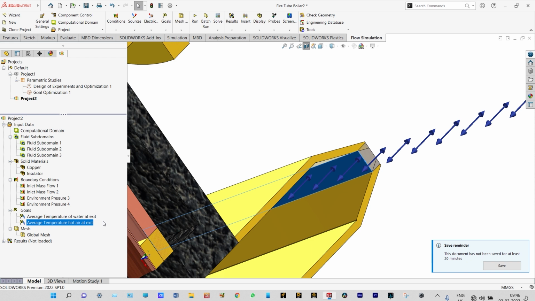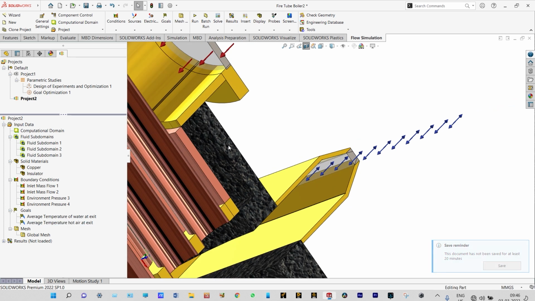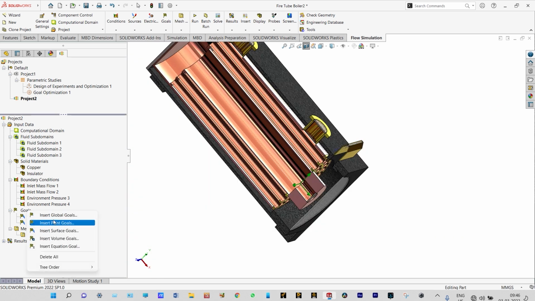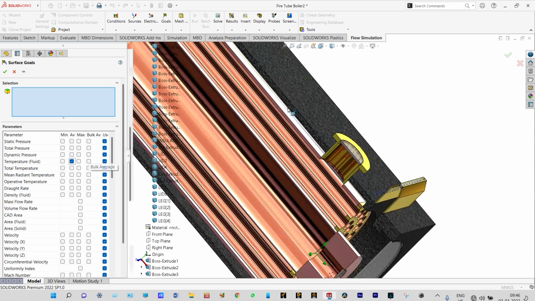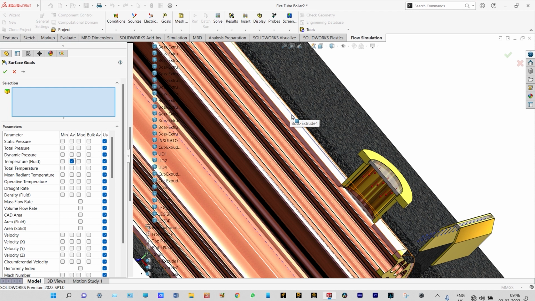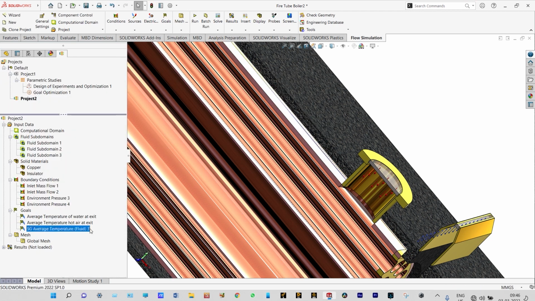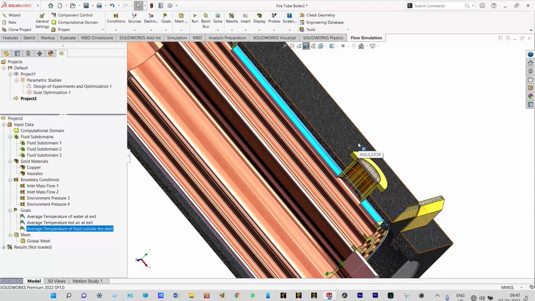Similarly, we can have some other goals also, like insulated temperature inside and outside the shell. Let us select that one also. Goals, insert surface goals, and to have average temperature of fluid at the outside surface of this shell. We can rename this one as average temperature of fluid outside the shell. And also we can have another one, the last one, that means average temperature of fluid at the inner surface of this insulator.